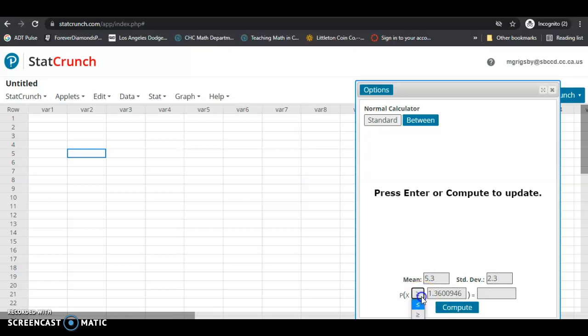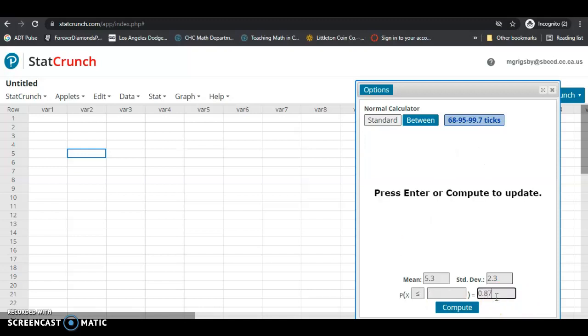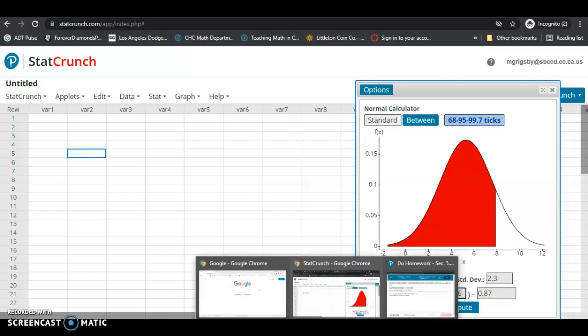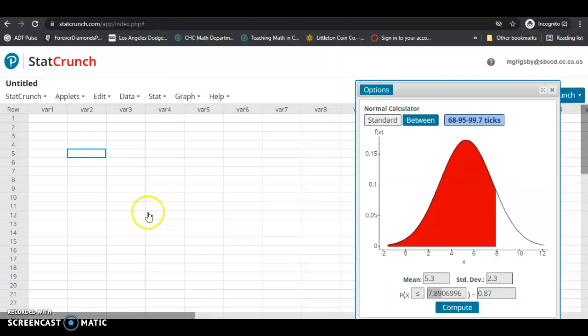Since percentile indicates an area to the left, we change the symbol to less than or equal to, and then input the area to the left, 0.87. The response on that survey that's in the 87th percentile, rounded to 2 decimal places, is 7.89.